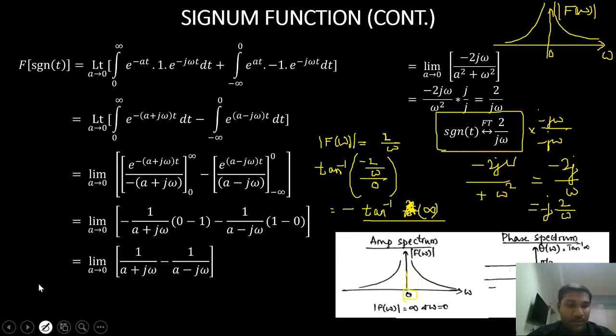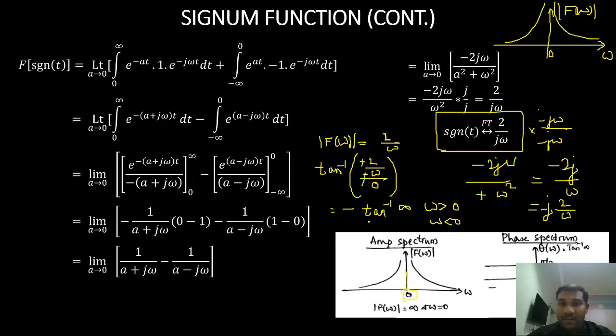Let me just rewrite this thing. When omega is positive, this is positive and this is negative. So I have minus tan inverse of infinity for omega greater than 0. And for omega less than 0, what happens? Omega is also negative and there is a negative sign.